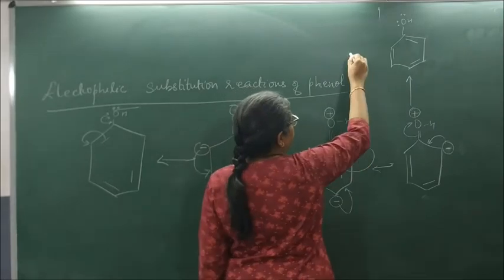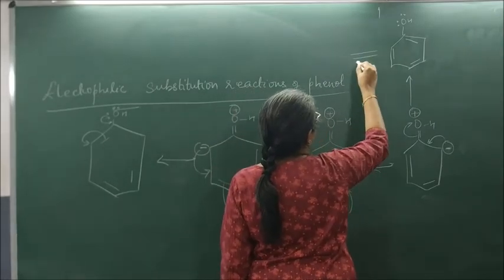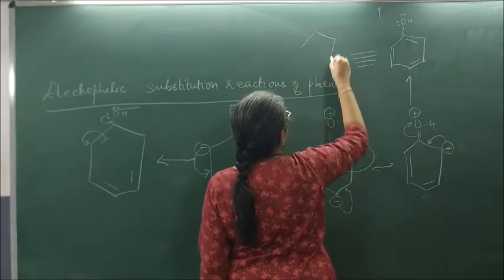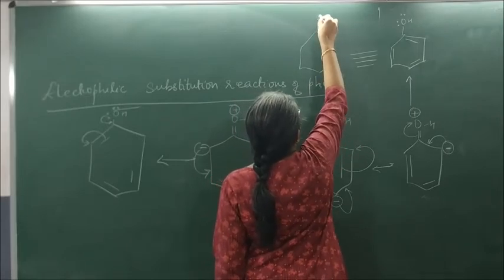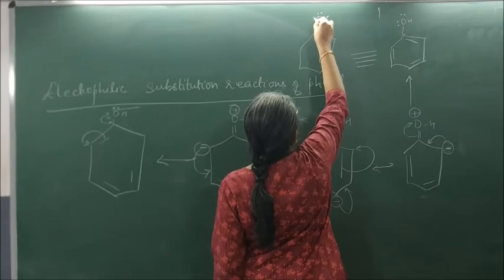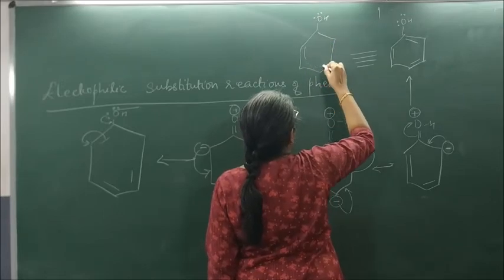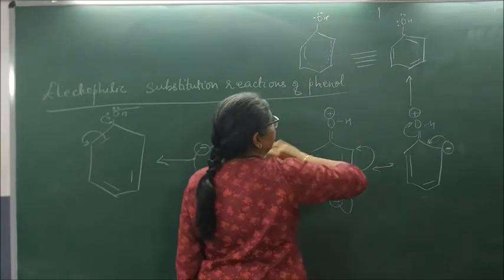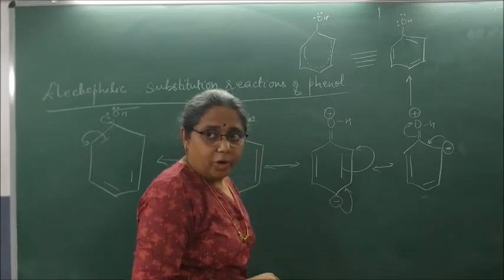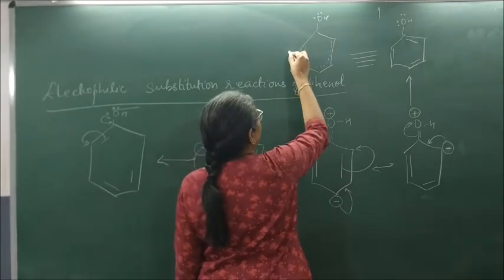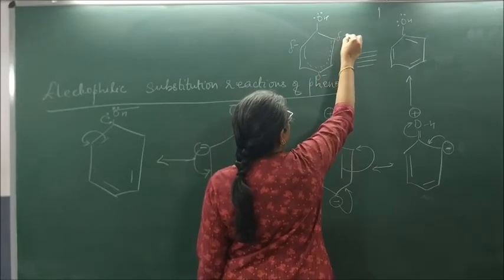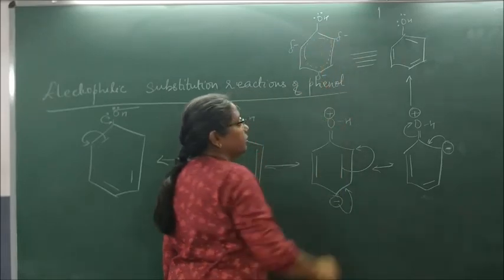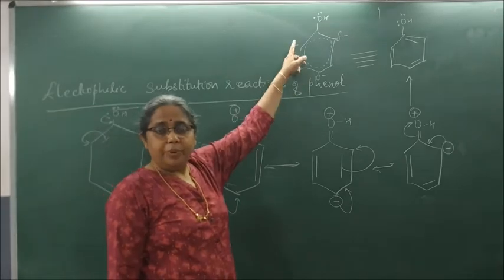The resonance hybrid of this is generally written with every pi bond rotating. So you will have a negative sign here, a negative sign here, and a negative sign here. Understood? So this is called a what hybrid?